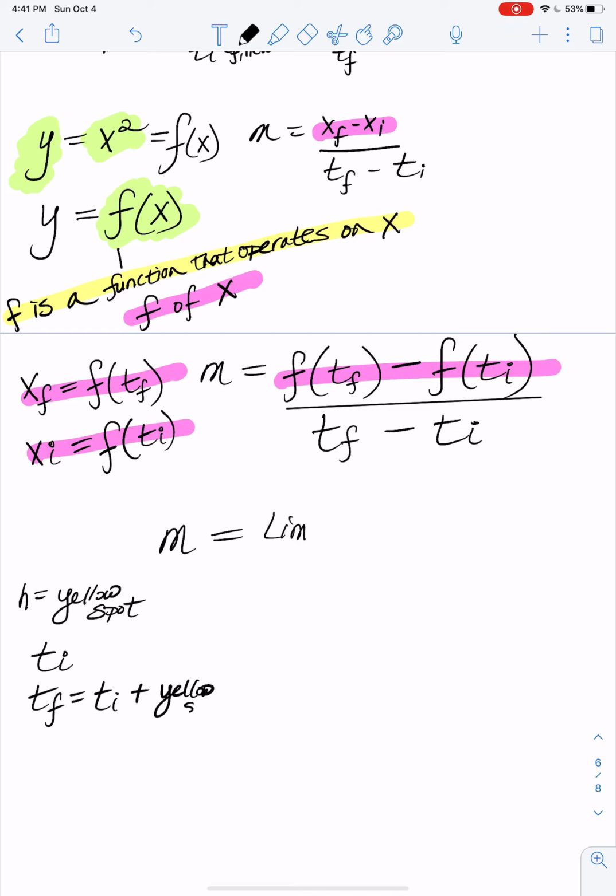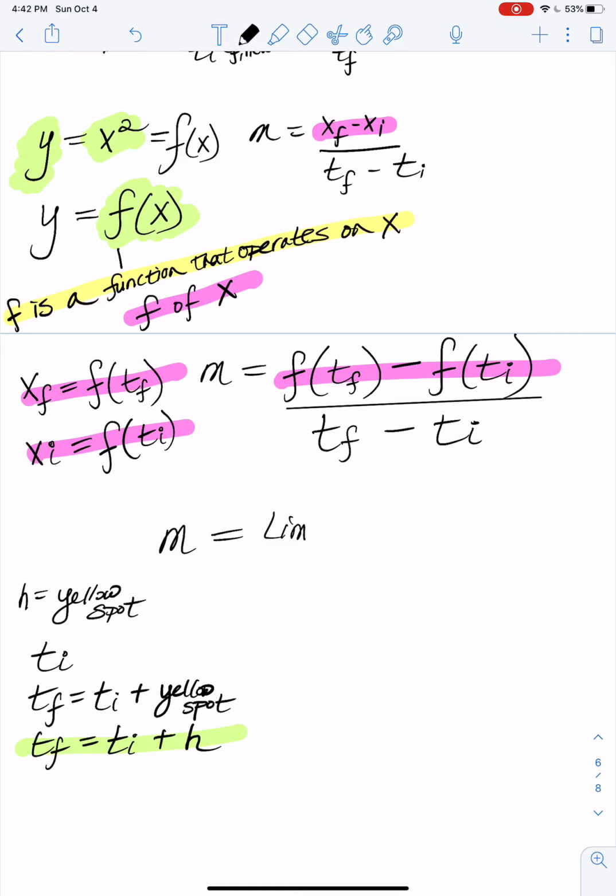But we don't like to call it the yellow spot, right? Instead, we're going to call it TF is equal to TI plus a letter. I'm going to pick the letter H. All right, just totally arbitrary letter, right? Could have picked any letter. All right, so that means that this time final is TI plus H. Okay, good. Let's rewrite that in there then.